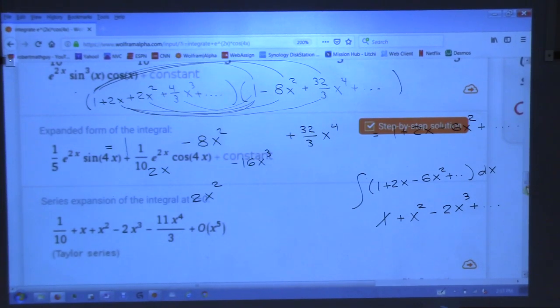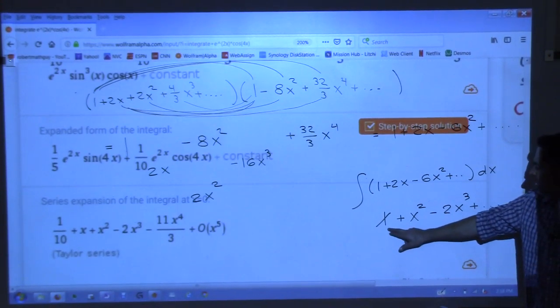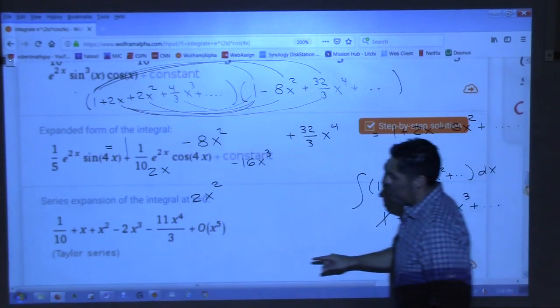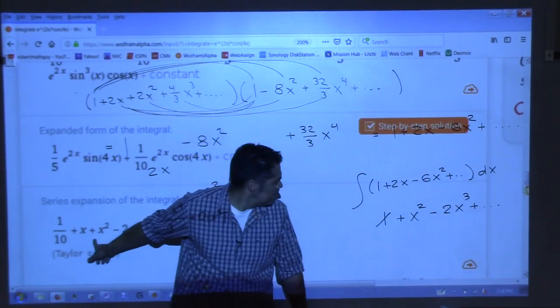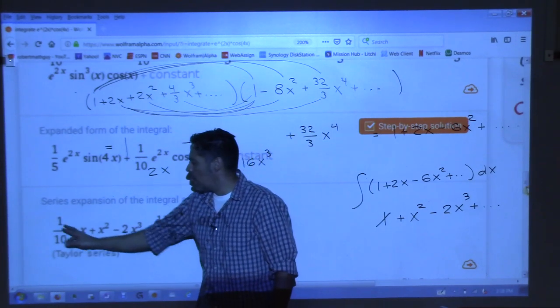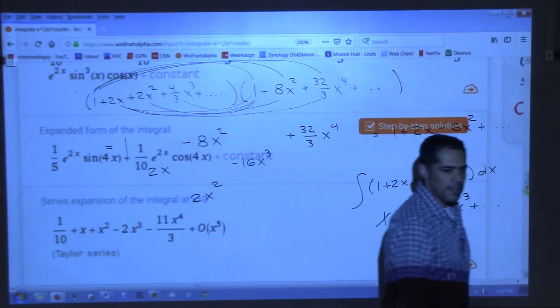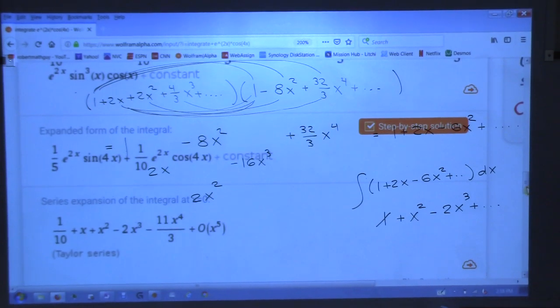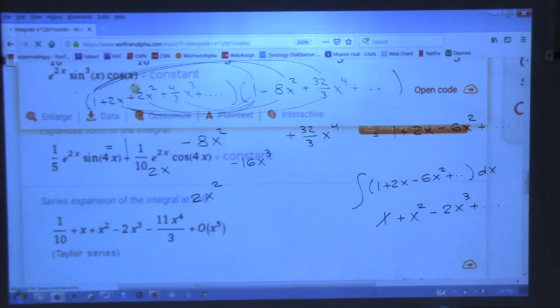Series expansion, 1/10. Okay, so we're off by a constant. But you see this? X plus x squared minus 2x cubed. You see how we've got it here? Now we're off by a constant, but we knew we would be, right? Because it's an antiderivative, it's always off by a constant. Yeah, we would have to do plus c.